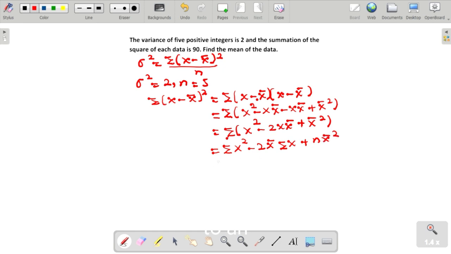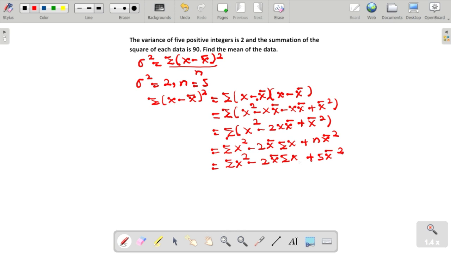We're just trying to see how we can simplify the expression. So this becomes summation x square minus 2 x bar summation x plus, remember n is 5, so this becomes 5 x bar square.